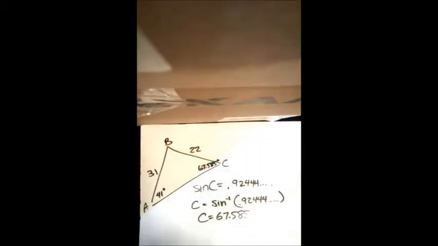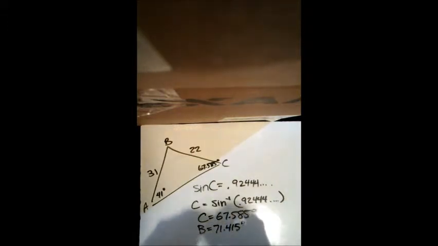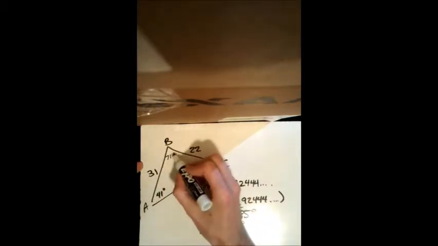I type that in and I see that the other angle has to be 71.415. So angle B is 71.415 degrees. Alright, so we didn't have to use the law of sines or cosines to find that. Just a little bit of knowledge of triangles.